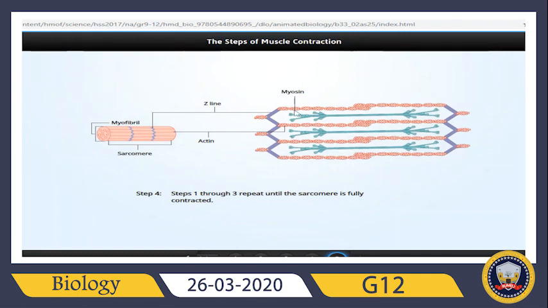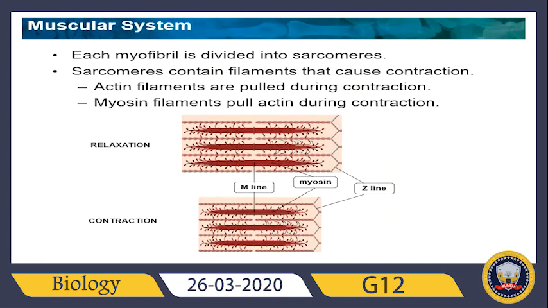The actin filaments are attached to each other, and the Z line and the M line disappear, so the sarcomere will become shorter. This is contraction. So this is how the contraction happened.